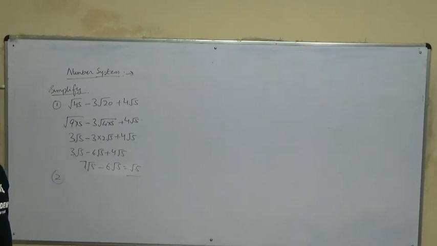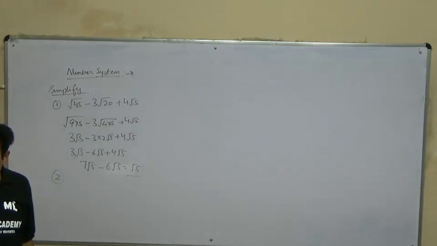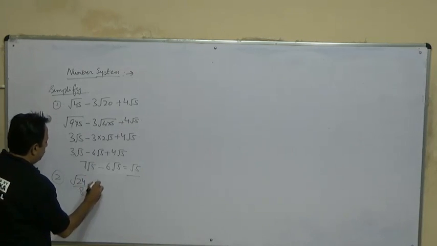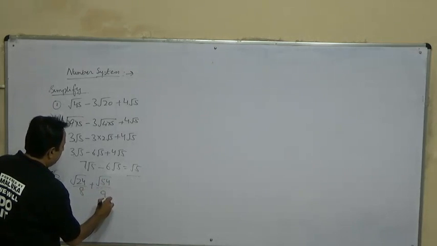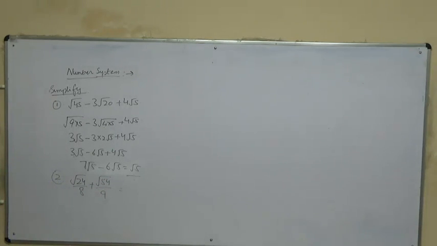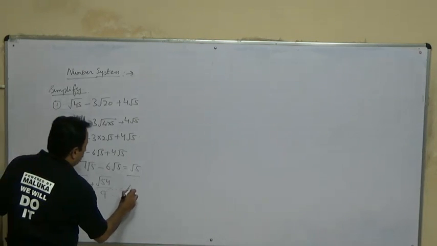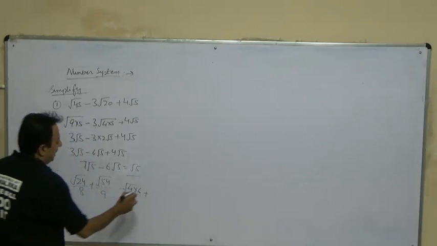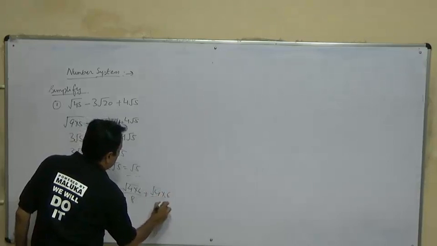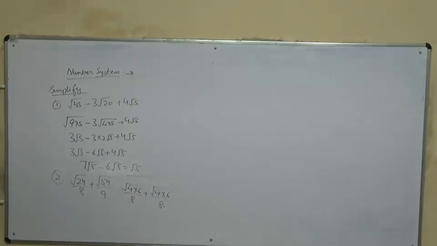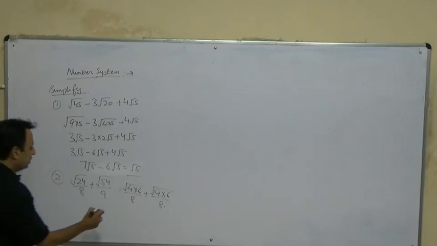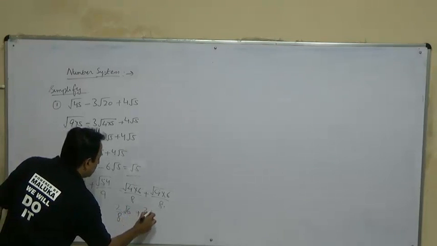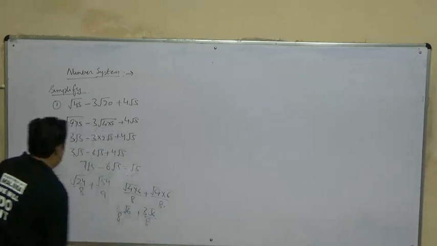सेकेंड इसमें है, सिंप्लीफाई करना है, √24/8 प्लस √54/9। तो इसमें क्या होगा, हमारे पास है 24, सो इसके लिए हम क्या कर सकते हैं, √(4 × 6)/8 प्लस इसके लिए क्या कर सकते हैं, √(9 × 6)/9। अब √4 हमें पता है किसके बराबर होता है, 2 के इक्वल टू होता है, सो ये हो जाएगा 2/8 √6 प्लस 3√6/9.